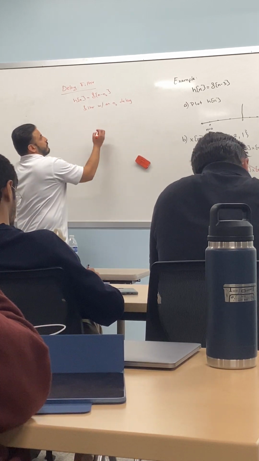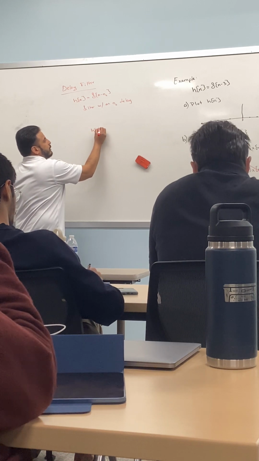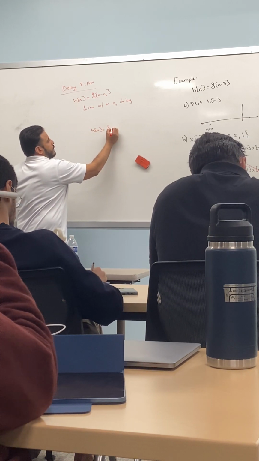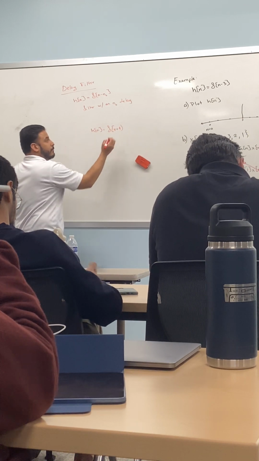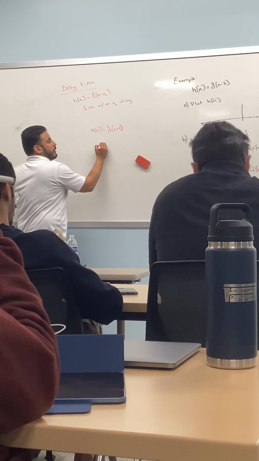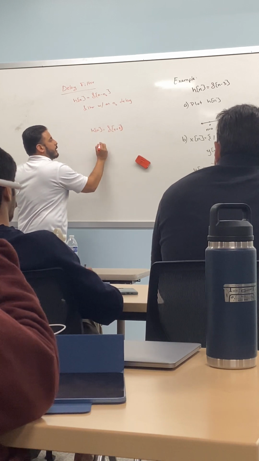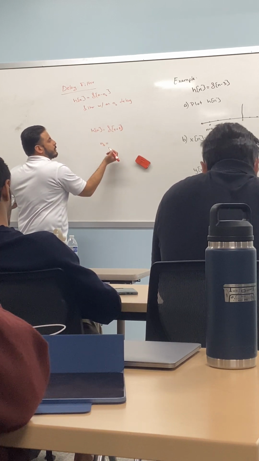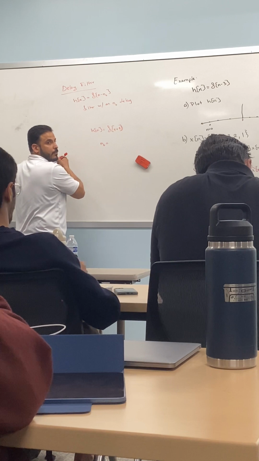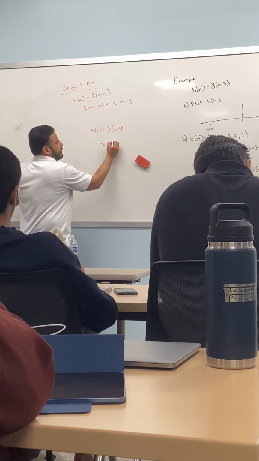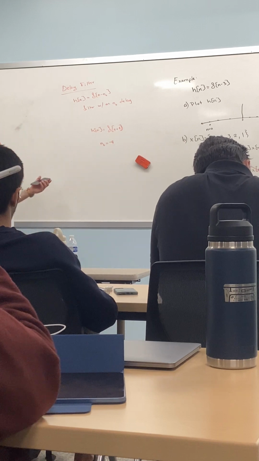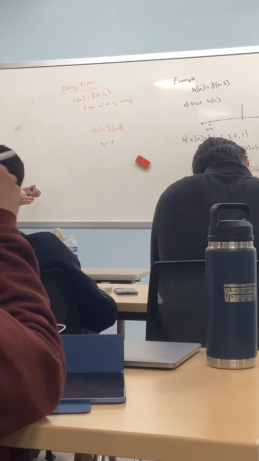What if I gave you an h of n equals delta of n plus 4? What would your n naught be? Negative 4, which means you're shifting back in time. So it could be positive or negative, depending on how the data is being captured.